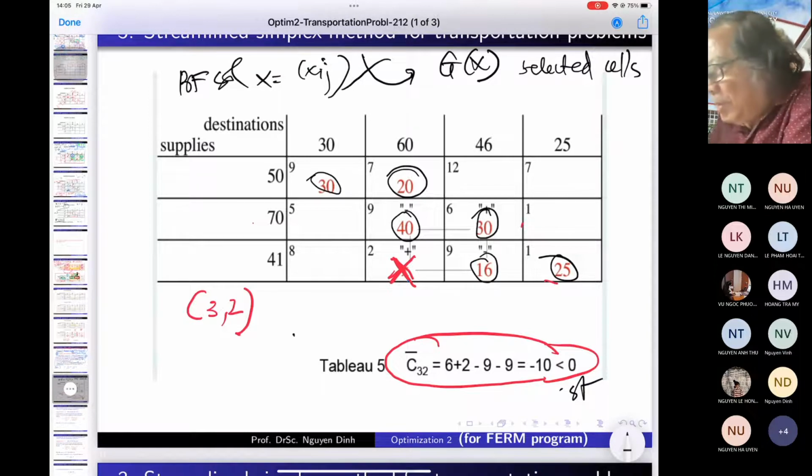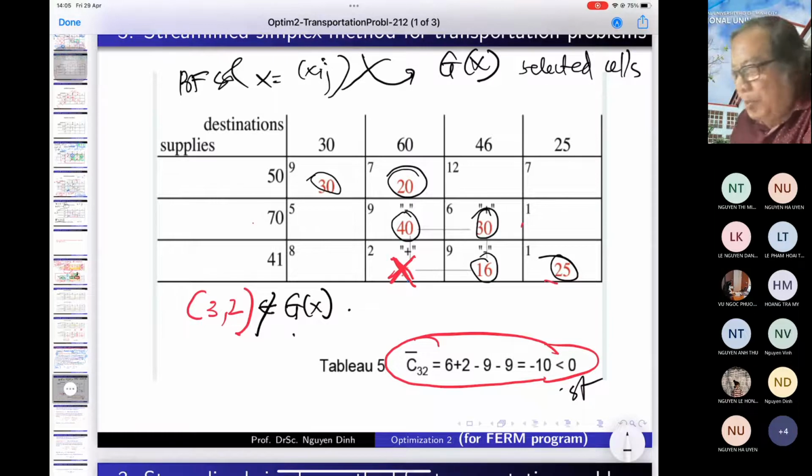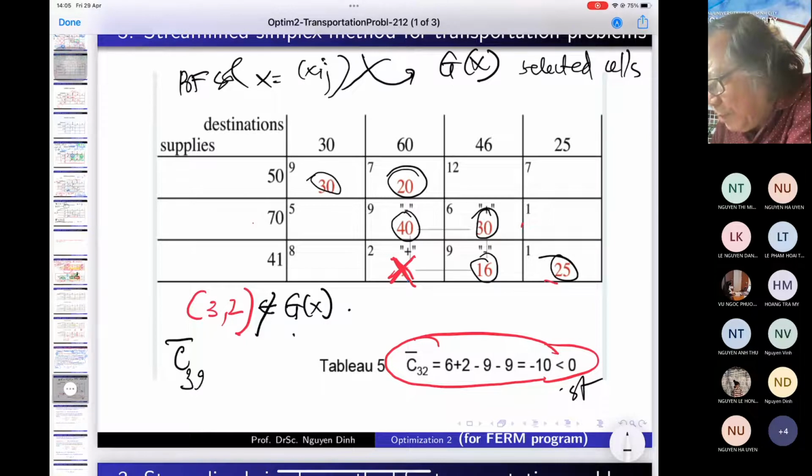Now you take 3, 2, the cell that does not belong to GX. With this cell not belonging to GX, we find out C bar 3, 2. First of all, 3, 2 does not belong to GX, and it creates a cycle.